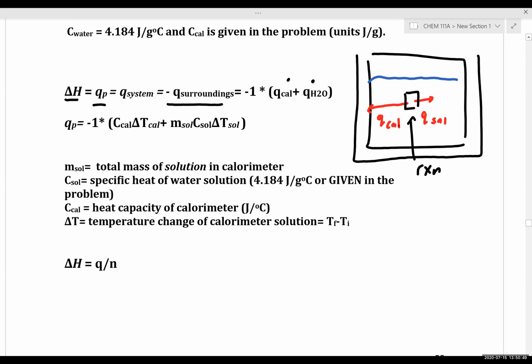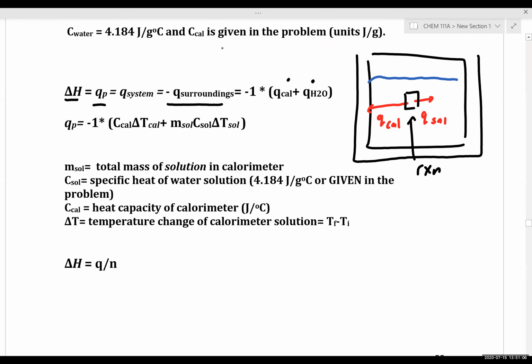Now, unlike in bomb calorimetry, our reaction mass is dissolved in water. As a result, we have to look at the total mass of the solution after mixing all of our reagents.